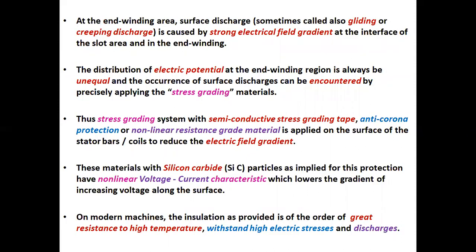At the end winding area, surface discharge, sometimes also called gliding or creeping discharge, is caused by a strong electrical field gradient at the interface of the slot area and the end winding. The distribution of electric potential at the end winding region is always unequal, and the occurrence of surface discharges can be countered by precisely applying stress grading materials.